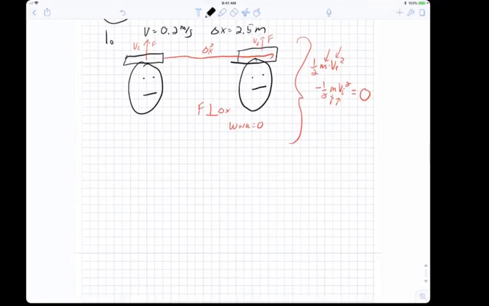Question 3. 2 ropes are used to lower a 255 kilogram piano exactly 5 meters from a second-story window to the ground. How much work is done by each of these 3 forces?